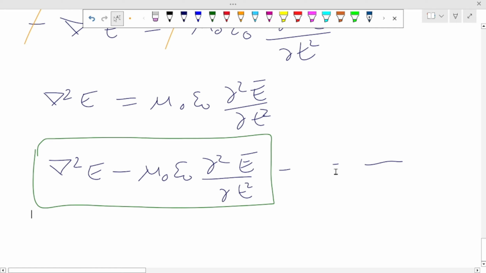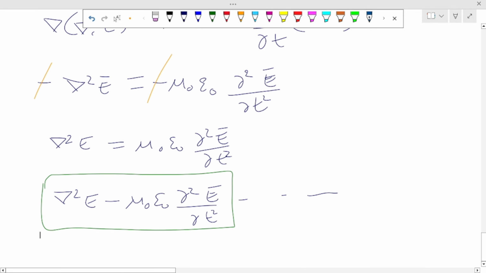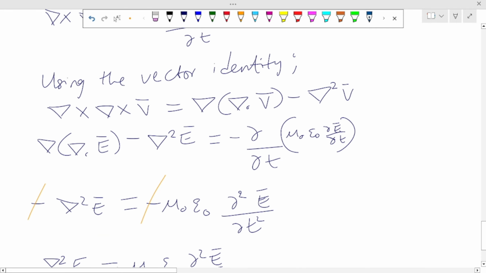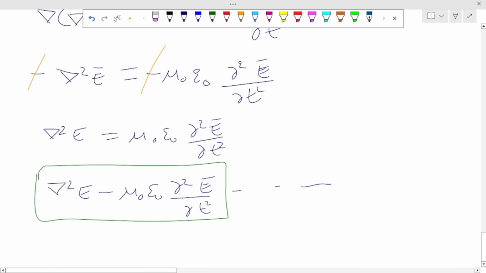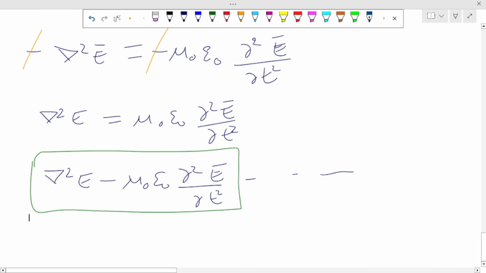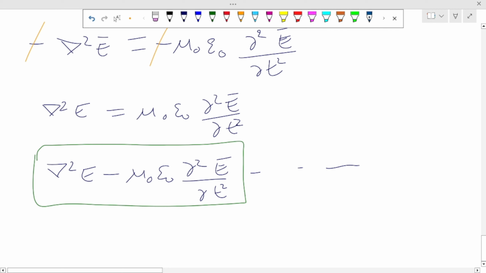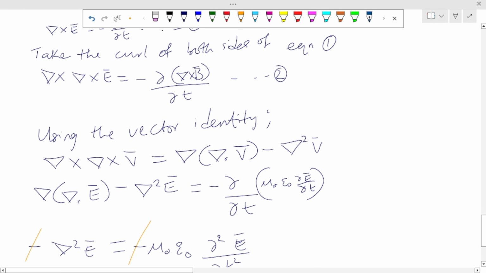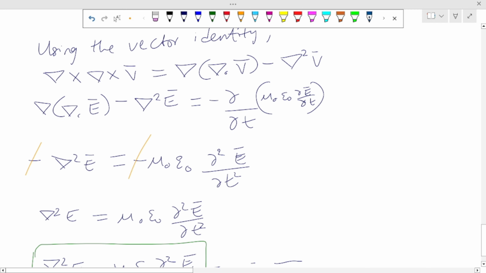Then the next part is to get the magnetic field. Note that this is the wave equation for electric field in free space. Let's call this one equation 3.